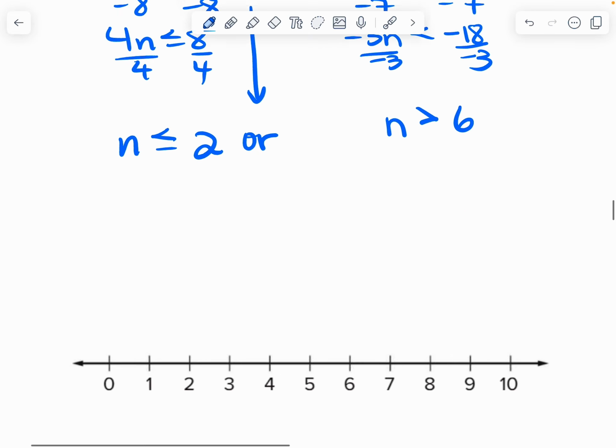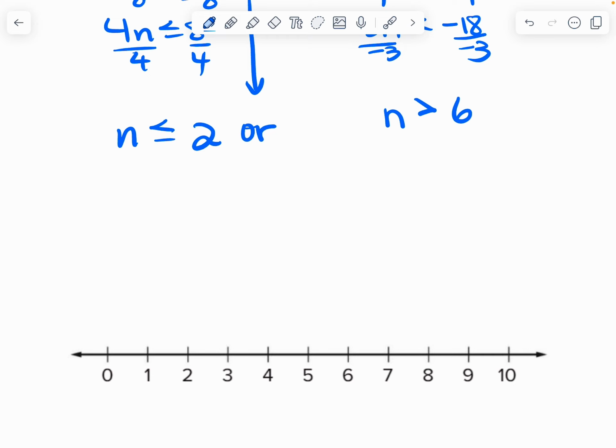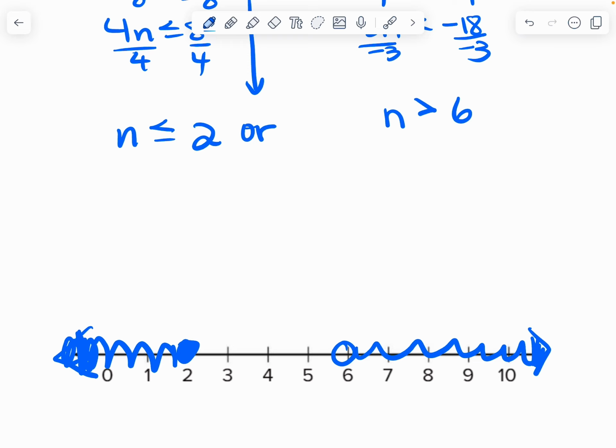So it's going to be either or these. So at 2, I have a closed dot, sorry. And it's less than, so it's all these. Or I go to 6, and that's an open dot, and it's all the stuff that's above it. Those are my answers.